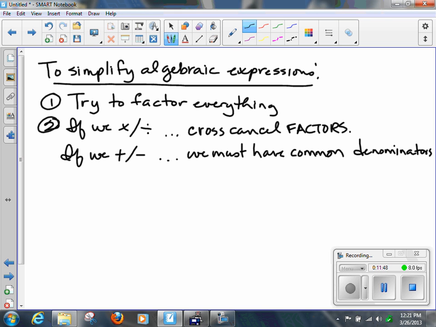Okay, and that's just general algebraic rules. We follow order of operations in algebra, and we do with this trig stuff. The same rules apply. All of the same rules apply.